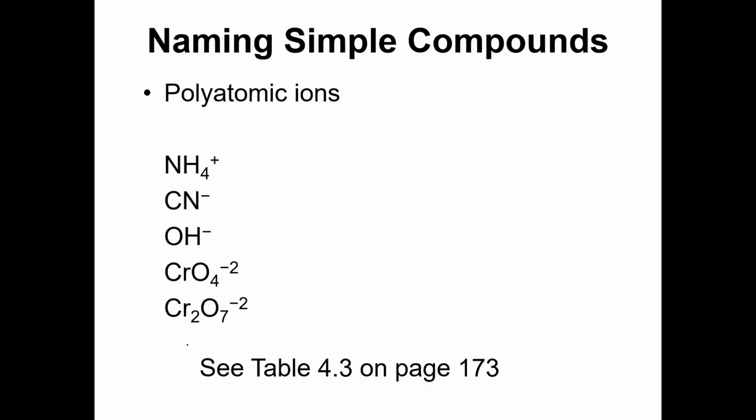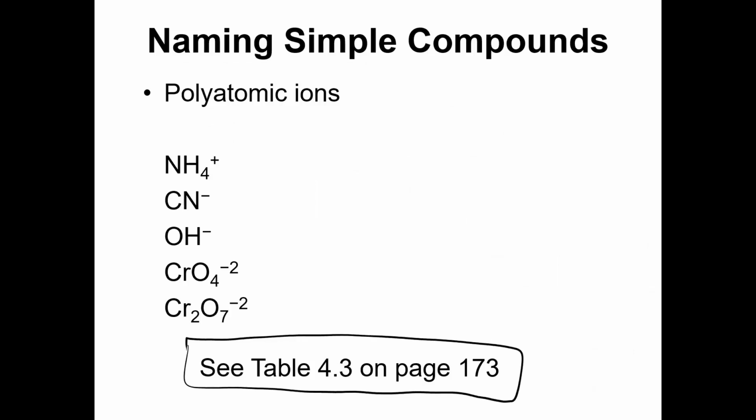Polyatomic ions, there's quite a few of them. You would do well looking at the table, and I have it here in a couple of slides. On page 173, it has a summary of all the polyatomic ions that you should memorize. The only cationic one, the only one that will combine with another anion, is going to be ammonium here, okay?